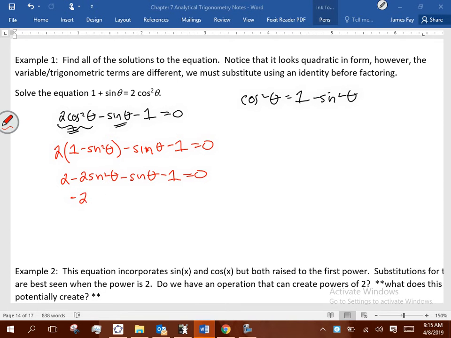And then we've got negative 2 sine squared theta minus sine theta, and now it's positive 2 minus 1, so that's a negative 1, right? No, sorry, positive 1. Equals 0. Okay? We like this to be a positive, right? Can I multiply everything by negative?